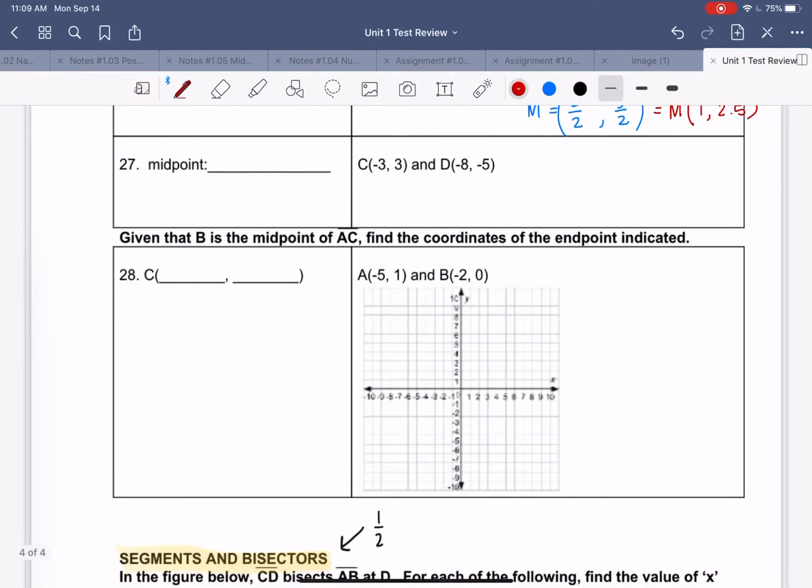All right, so this one I'm gonna give you a hint. There's a reason why you have a coordinate plane. So it says, given that B is the midpoint. So B is your midpoint. Okay? So that means we are finding endpoint.